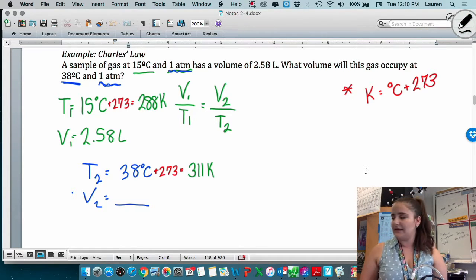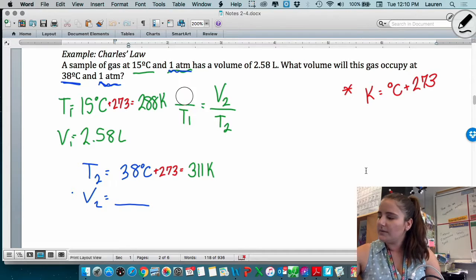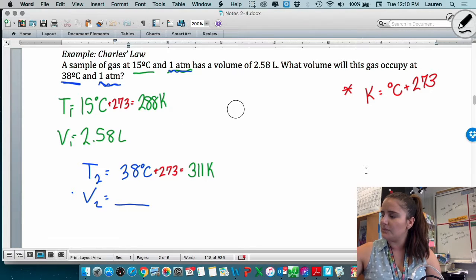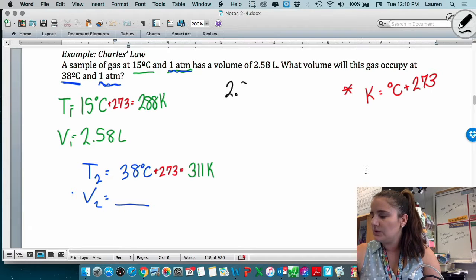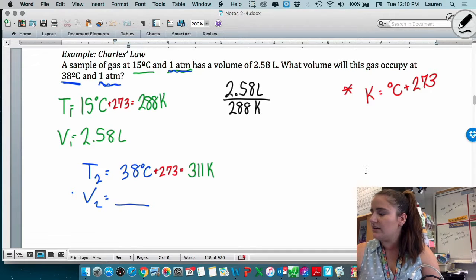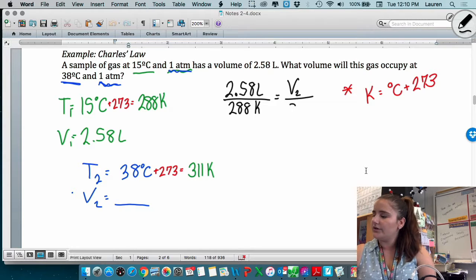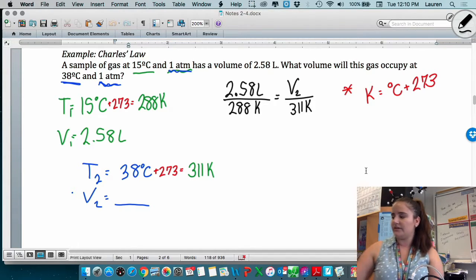So now I can plug it into the equation. V1 is 2.58 liters over T1, 288 Kelvin, equals V2, that's what I'm trying to find, over 311 Kelvin.